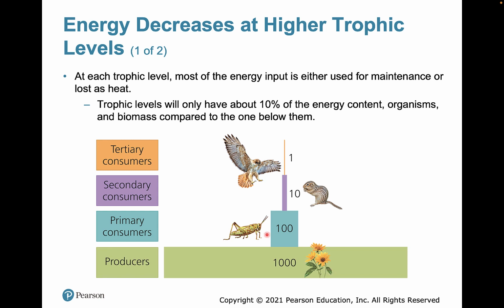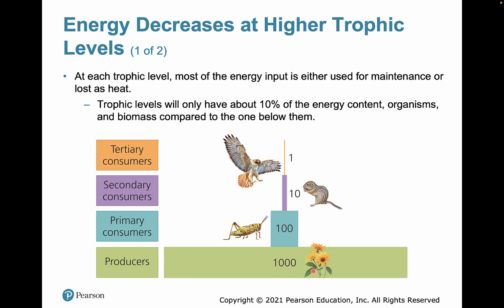Okay, this grasshopper is going to eat plants. Only 10% of the grasshopper's energy goes to the chipmunk, and only 10% of the chipmunk's energy goes to the bird of prey. Okay, so it takes a much bigger population of plants to feed the grasshoppers, because only 10% of that energy goes, right?